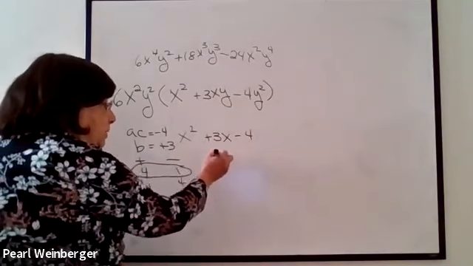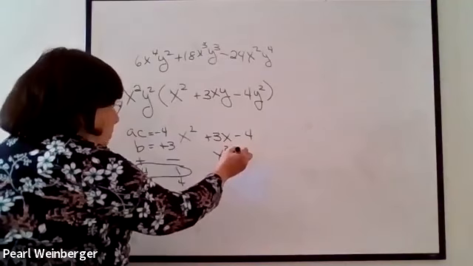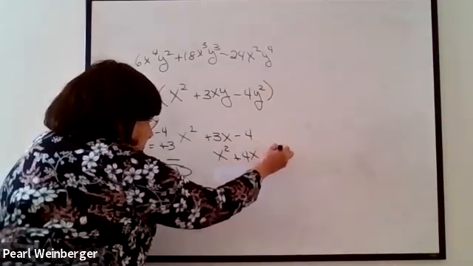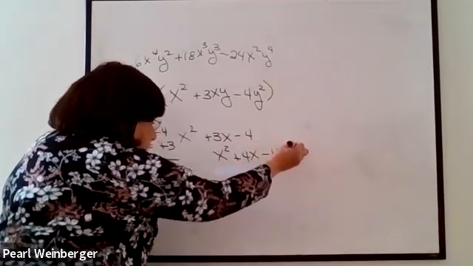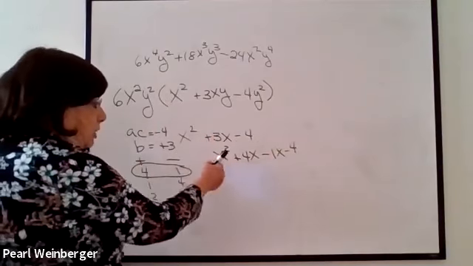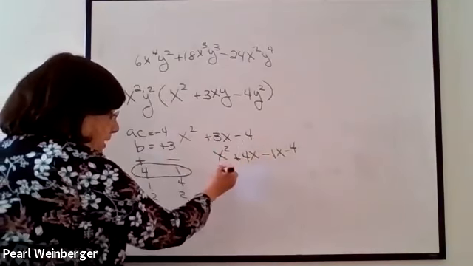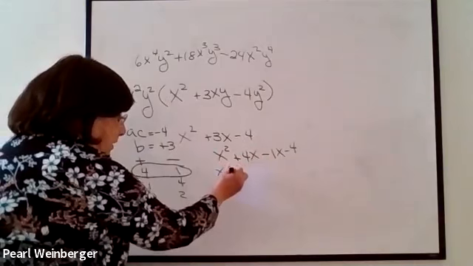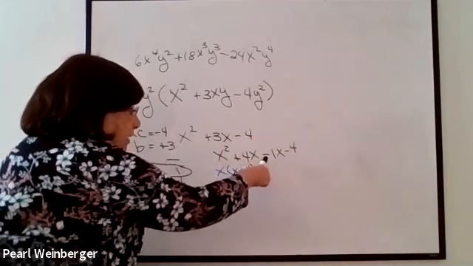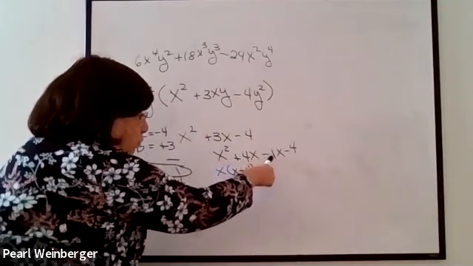Rewriting this gives me x squared plus 4x minus 1x minus 4. And of course, we do what we've done just before. Our common factor in the first group is x, so this becomes x times x plus 4. In my second group, the only common factor is the negative 1.